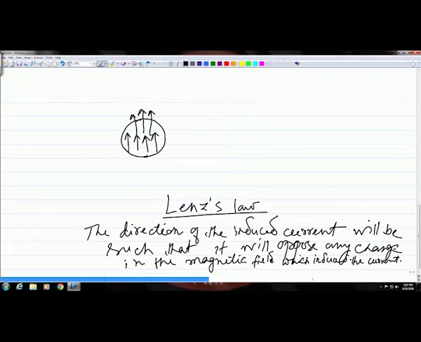So, the induced current will oppose any change in the magnetic flux which induce the current.